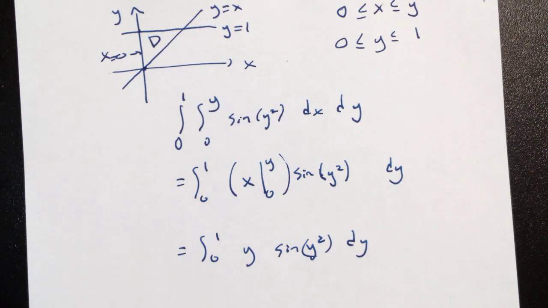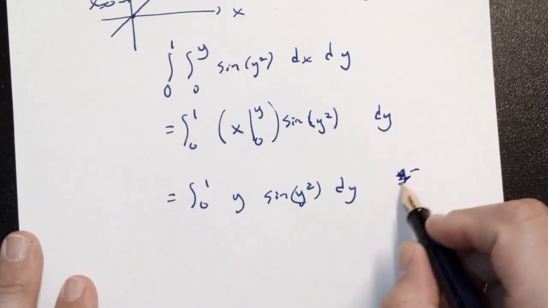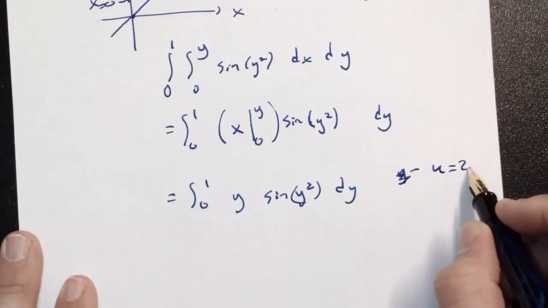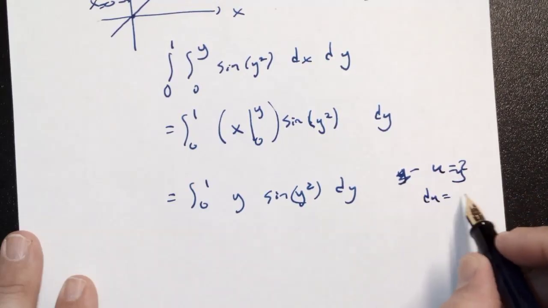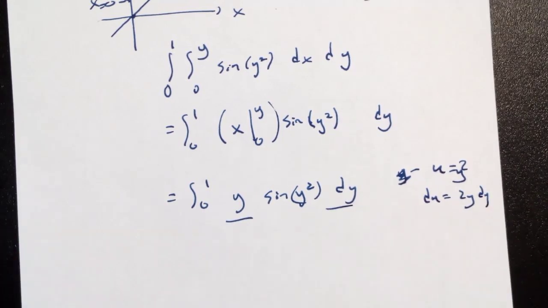I could, but there's a much easier way. u equals y squared. Then du is 2y, and I have the y on the outside. Aha. If u equals y squared, then du is 2y dy. All I'm missing is the 2.